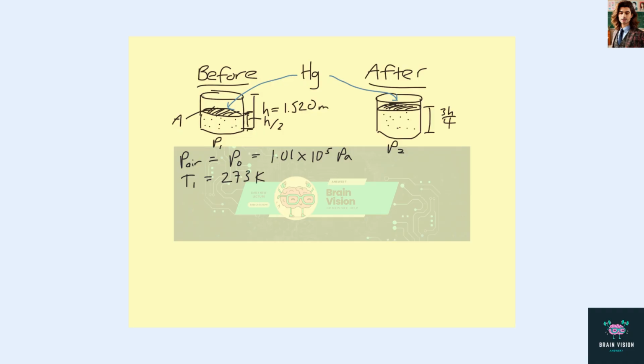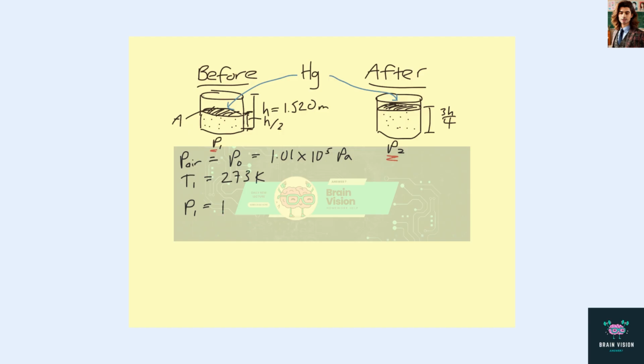So let's start by finding P1 and P2, which is the pressure of the gas before and after this expansion. P1 is given by this equation. P1 is kind of like buoyancy, right?